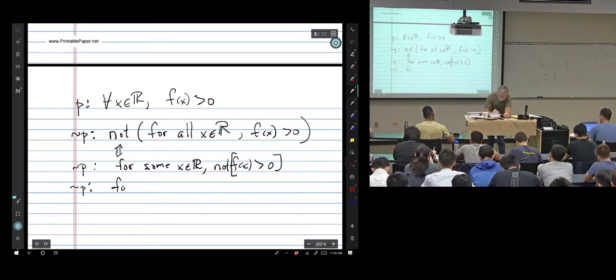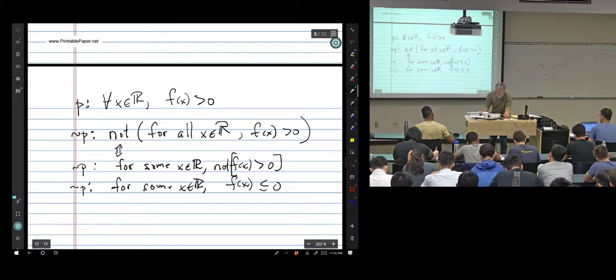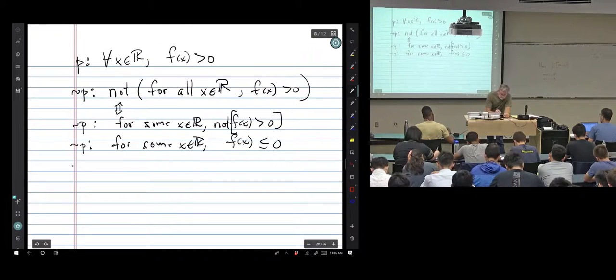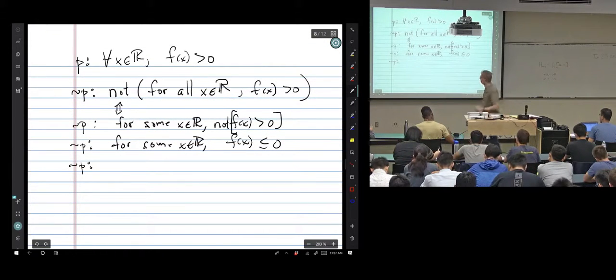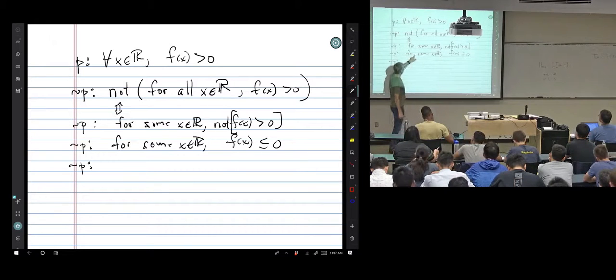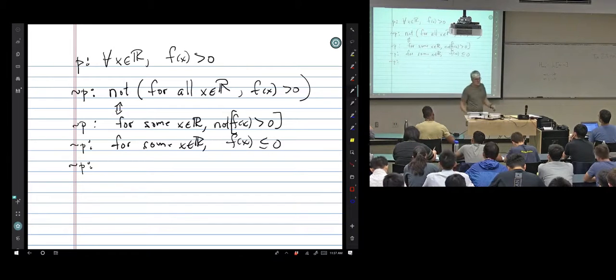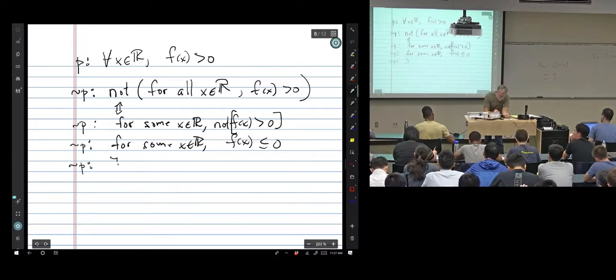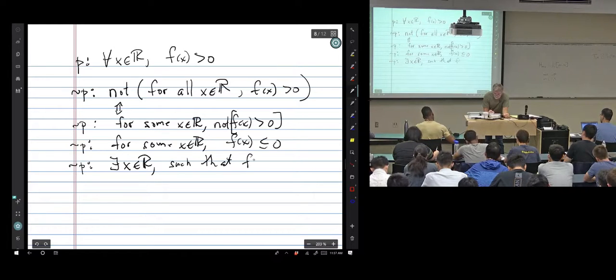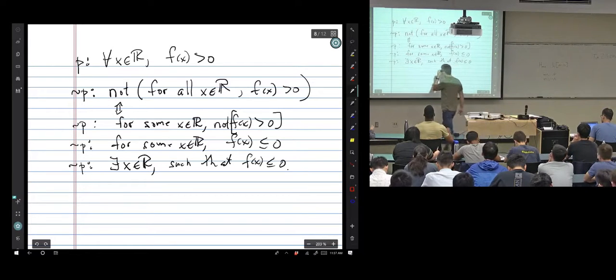So, for some x in R, f of x is in fact not positive. And the symbol for some is this backwards E. There exists x in the reals such that f of x is not positive, okay? It's less than or equal to 0.